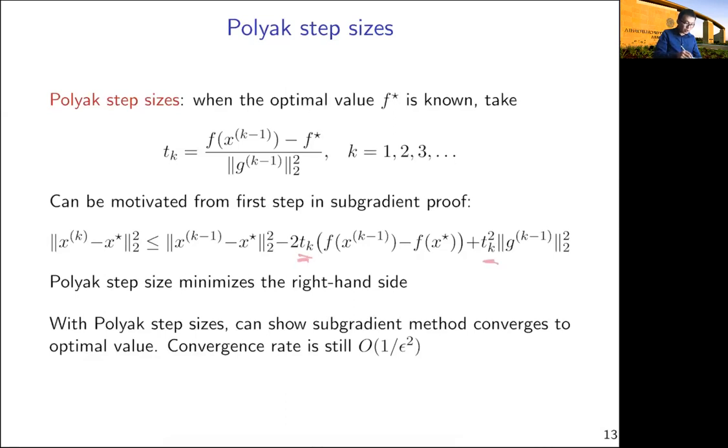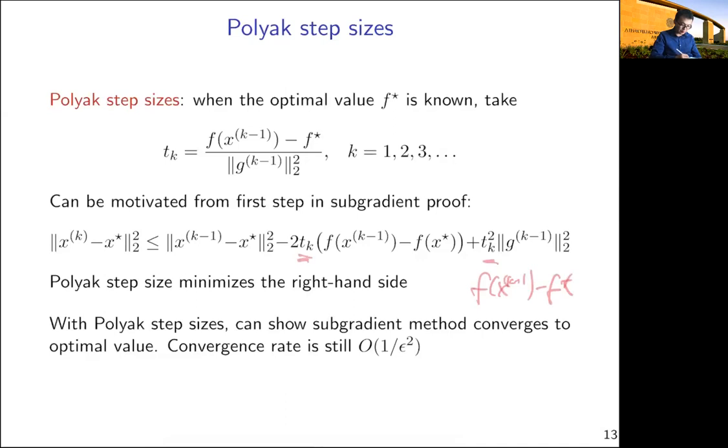By choosing t_k to be this particular value, that allows us to cancel out this g_{k-1} on the second part. So when we substitute this in, we get f of x_{k-1} minus f star, and over here we get the square of that.